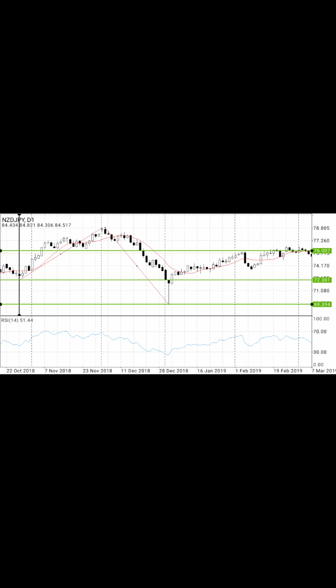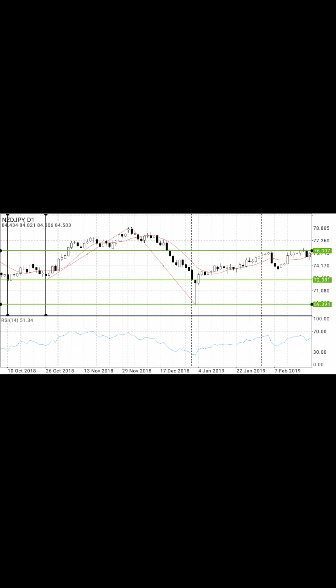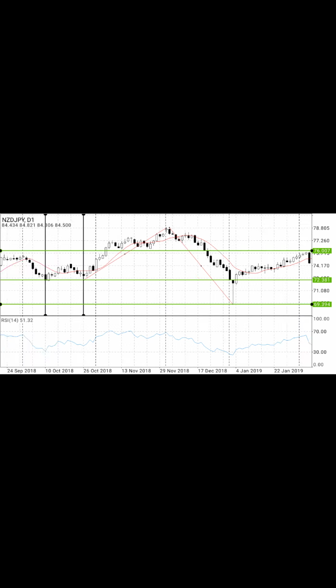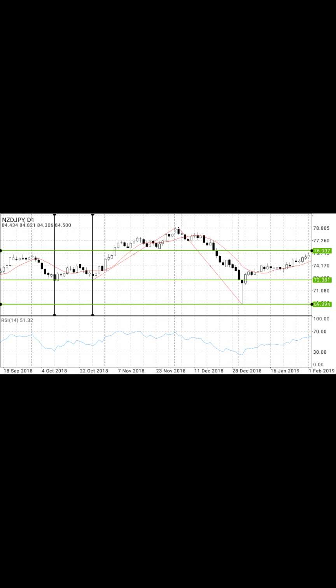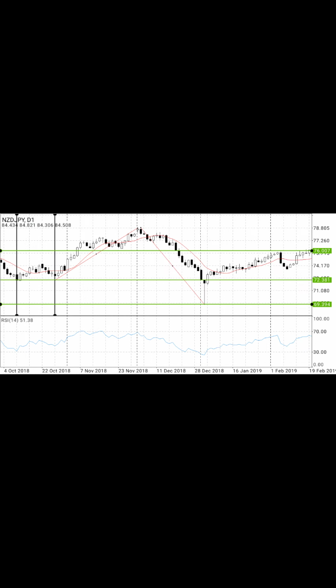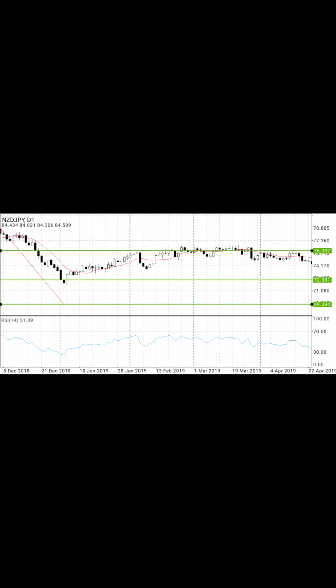Then it broke through that previous 2017 support in November 2018. Then after that, a strong bearish that broke both the previous and the current support, creating a new support. This is on 28th December 2018.